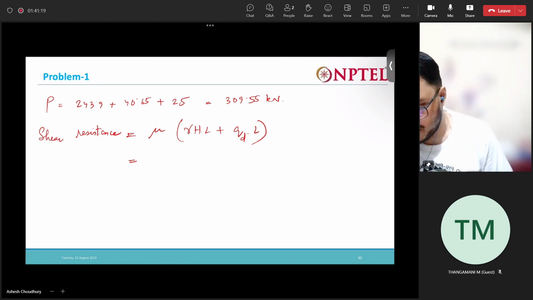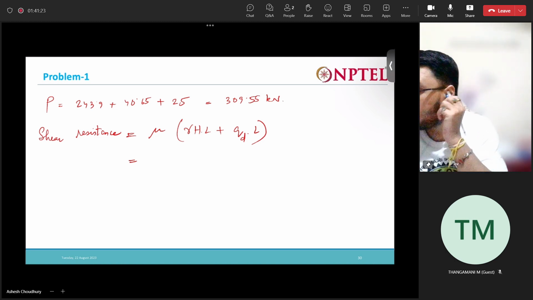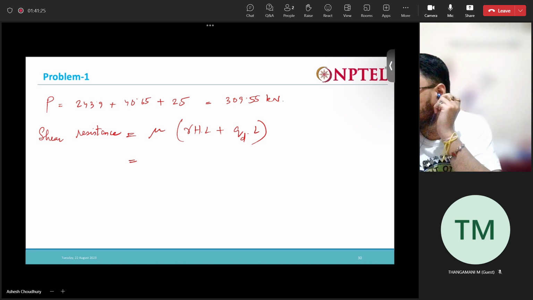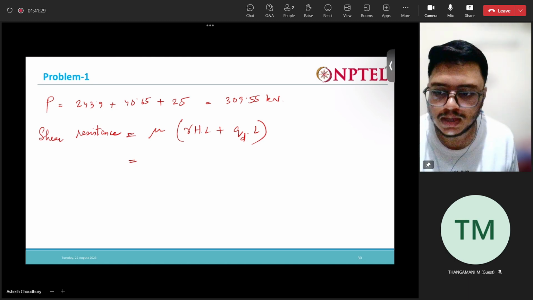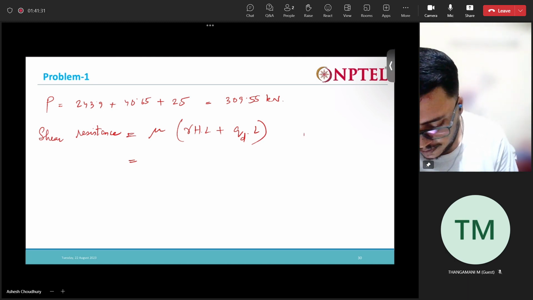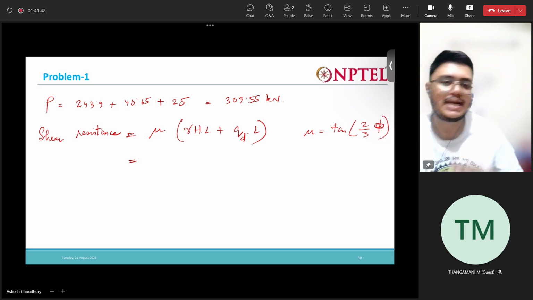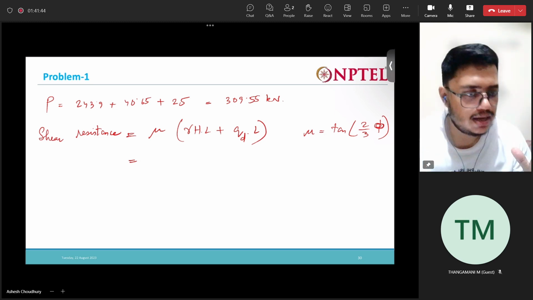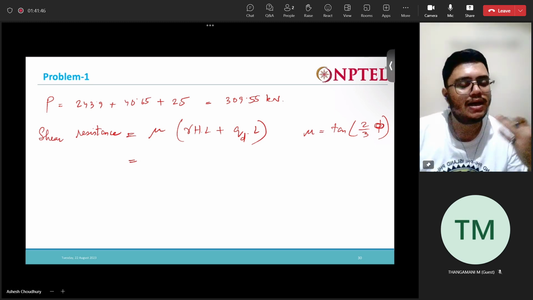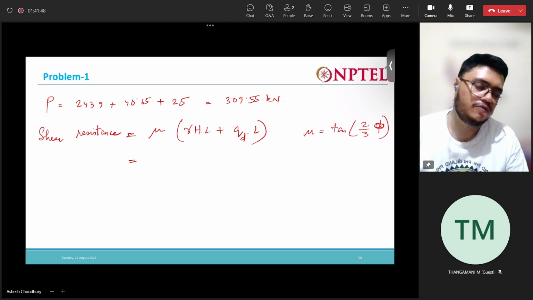So what is mu? Mu is the friction coefficient between the foundation soil and the reinforced soil block. How to determine mu? Mu is tan of 2/3 of phi. And which is this phi? This phi is the lesser one between the phi of the foundation soil and the phi of the reinforced block.